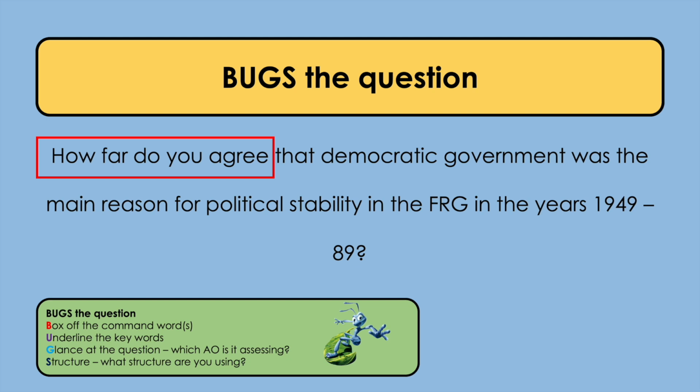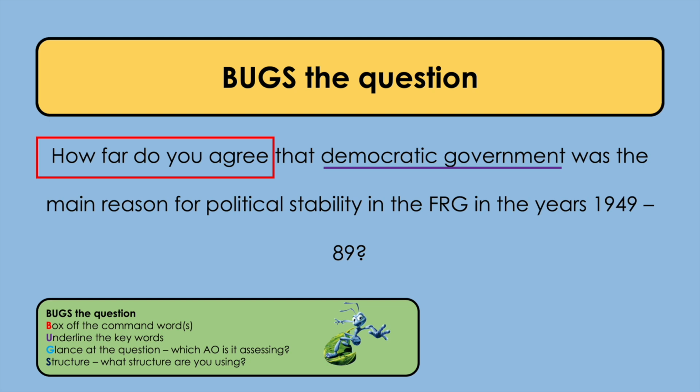Next step is we're going to underline the key words, because I know we've already talked about them a little bit there, but it's going to tell us exactly what the focus of the question is. In that, it's going to tell us which of the themes the question is asking us about, and any key events, key leaders, key time periods.